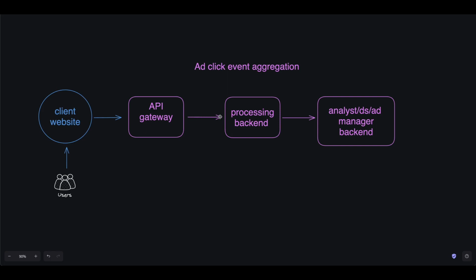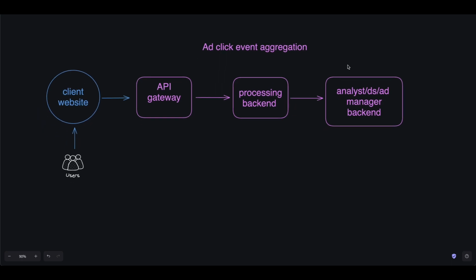So for us it will be some processing backend that's going to be dealing with clicks or other kinds of events, and also we will have a separate backend, generally with a lot of services, that's going to be serving our analysts, data scientists, and ad managers that want to view analytics more likely in some aggregated state. Alright, now let's move on to foundational system design.